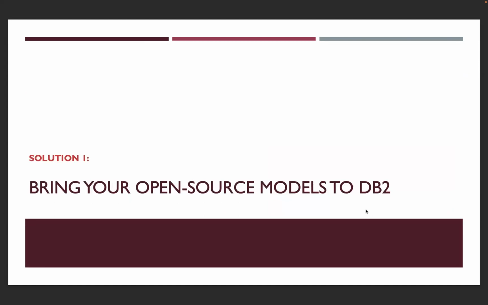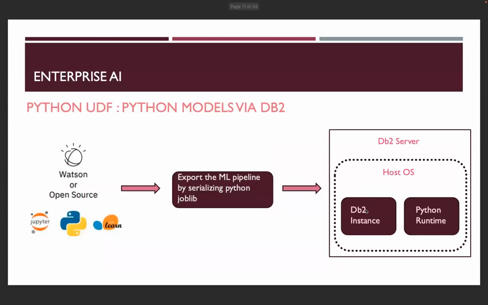When you bring your open source models to DB2, IBM DB2 has a solution called the Python UDF, that is a user-defined function. If you're going to work with open source frameworks like IBM Watson, Jupyter Notebook or TensorFlow, you'll be using these libraries inside the framework and developing a machine learning pipeline.